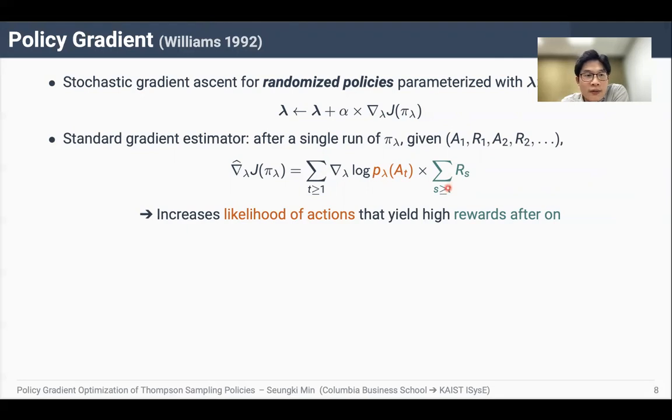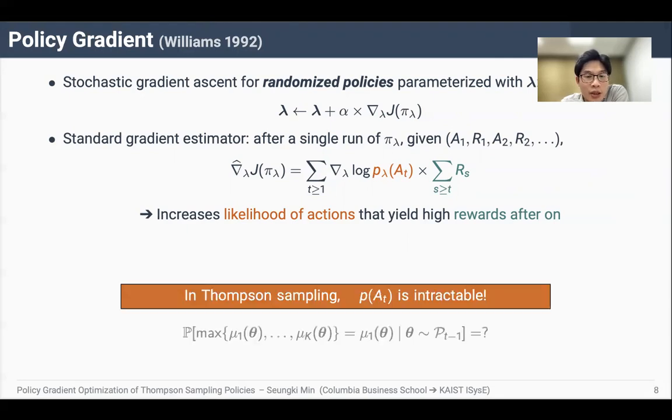So this is a general framework of policy gradient, but unfortunately, it doesn't work for Thompson sampling as of now. The issue is, in order to compute this gradient estimate, we need to compute the gradient of the log likelihood of the action selected by the algorithm. But in the case of Thompson sampling, the likelihood of the action is intractable in most cases.